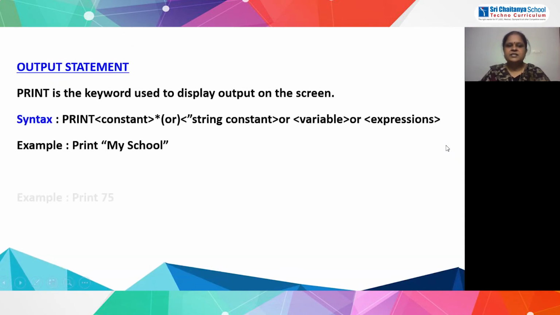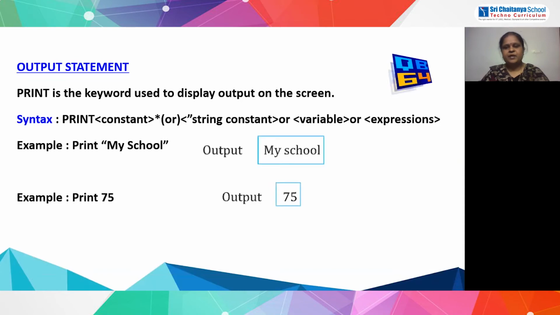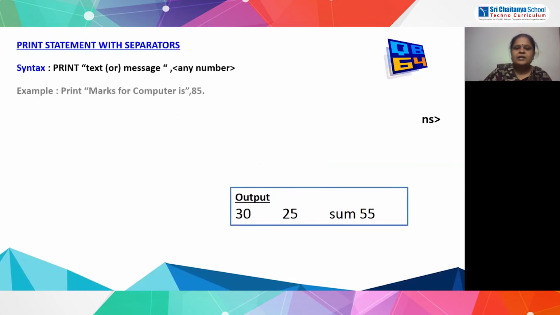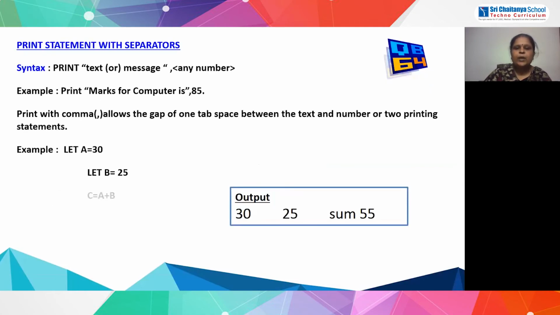Now, next is the output statement. You all know what an output statement is. From the beginning of this lesson, we are going through this output statement. Suppose you are printing some string, then you write that in double quotes. If you are printing a number, then there is no need to put the double quotes. You all know this, right? Now, let us see one thing here in the example.